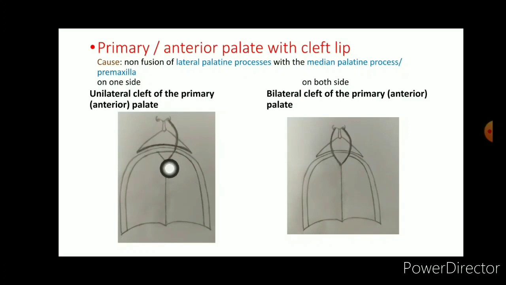So here is a unilateral cleft of the primary or anterior palate. Here is a bilateral cleft of the primary or anterior palate with cleft lip.